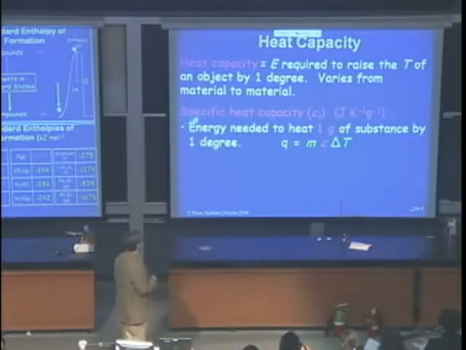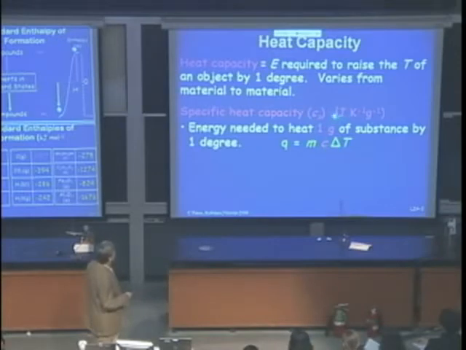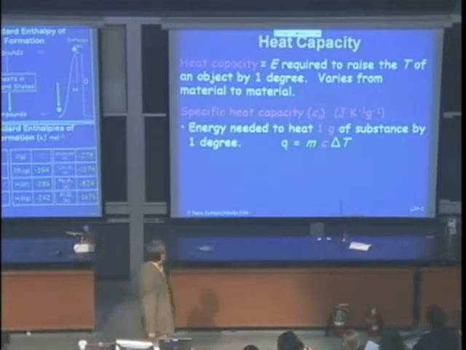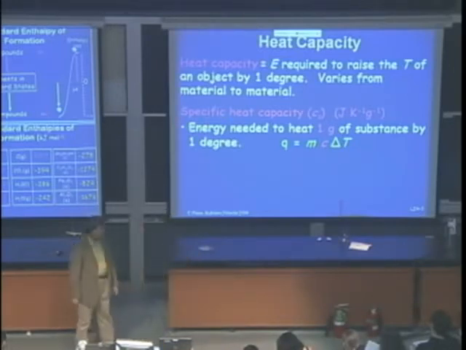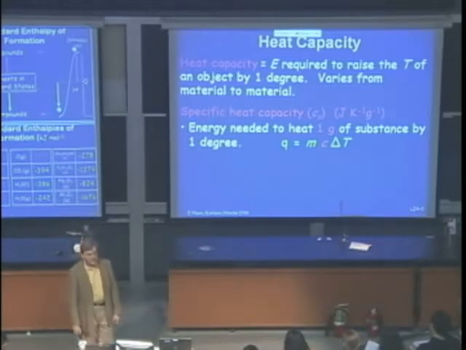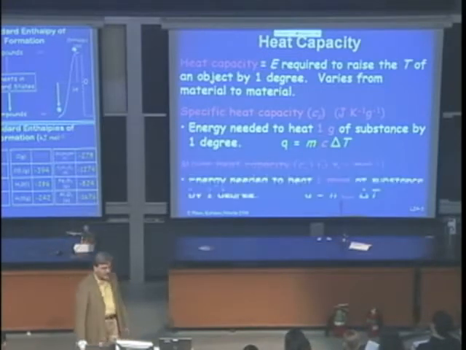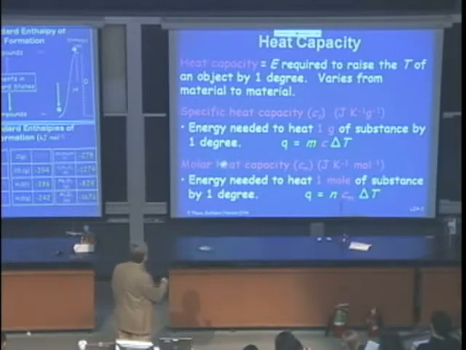So you can have a specific heat capacity, that is C_s, there should be a little s there. This is in joule per gram per Kelvin. This is 1 gram of substance raised by 1 degree, and this signifies the energy that you need to do that. That's the specific heat capacity. Now, if you know what substance you have, you can also have a molar heat capacity.